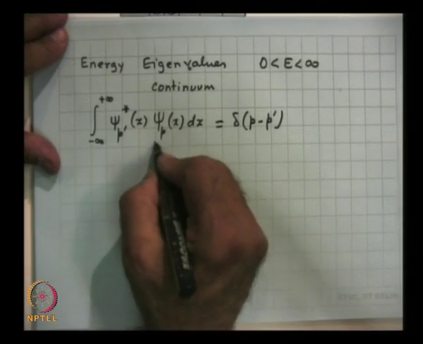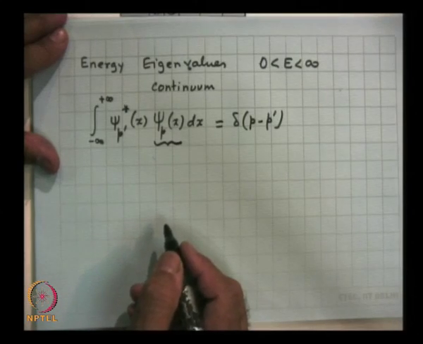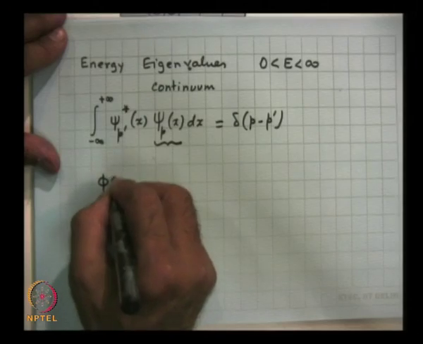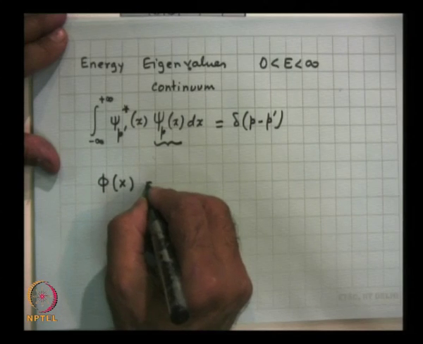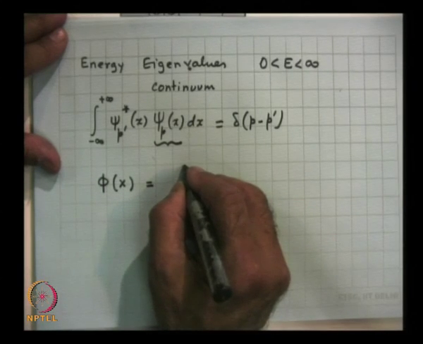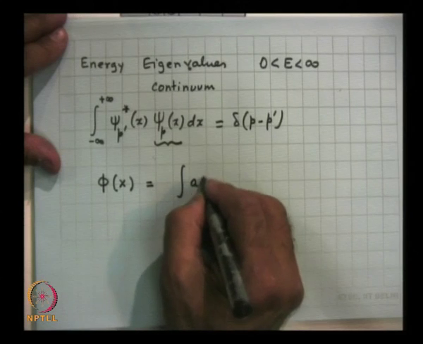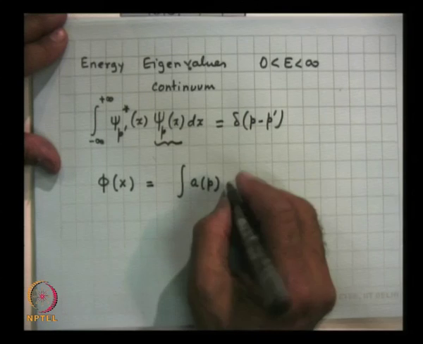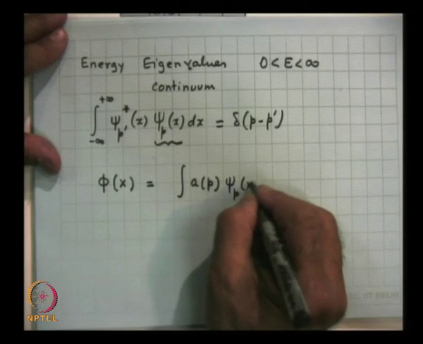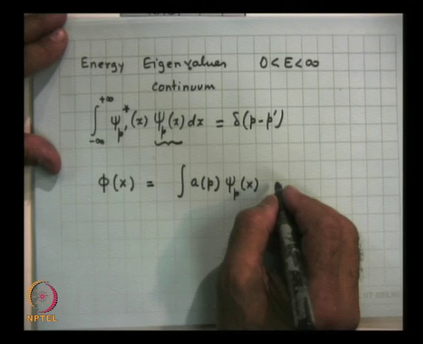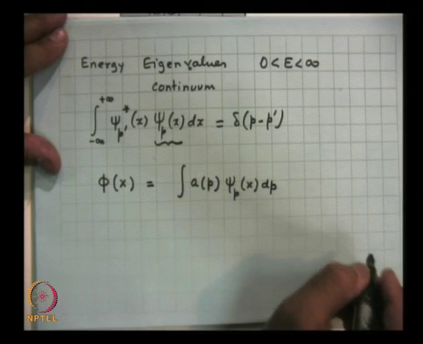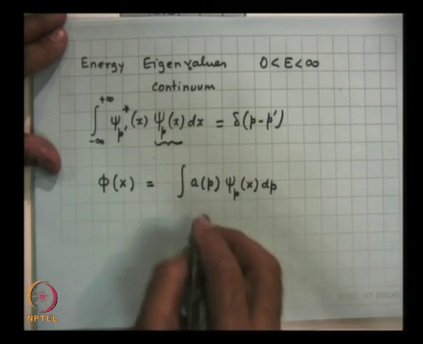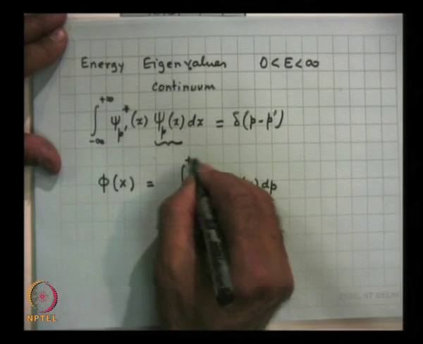Also, these functions, of course, form a complete set of functions, so that any arbitrary function phi of x can be written as a superposition, integral of a of p times psi p of x dp. And so, therefore, these limits are also from minus infinity to plus infinity.